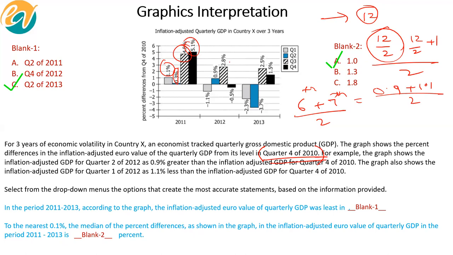So this 2.8% is not depicting a 2.8% increase with respect to the previous quarter. No, this 2.8% is the increase with respect to this quarter. Similarly, this 0.9% again is the increase with respect to this quarter. So everything is baselined on Q4 of 2010. Any doubt?